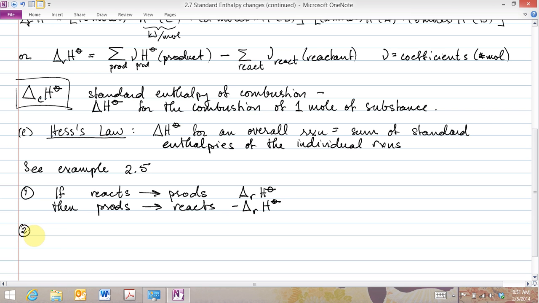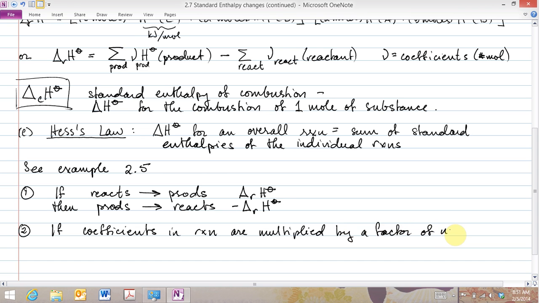The second rule is if the coefficients in the reaction are multiplied by a factor of n, then what you need to do is multiply the reaction enthalpy by that same factor.